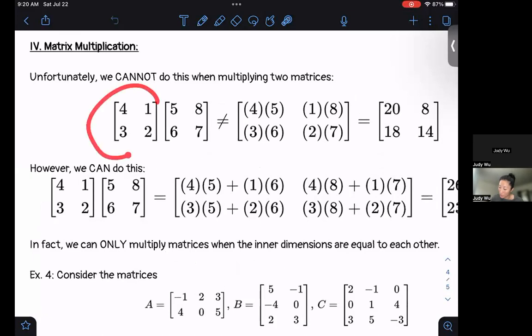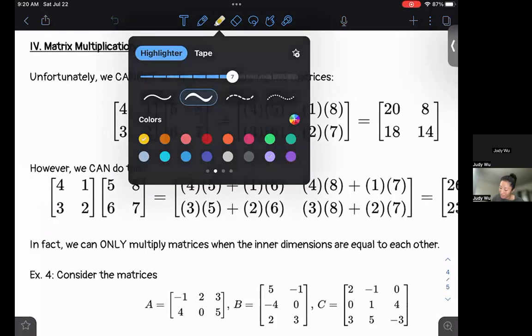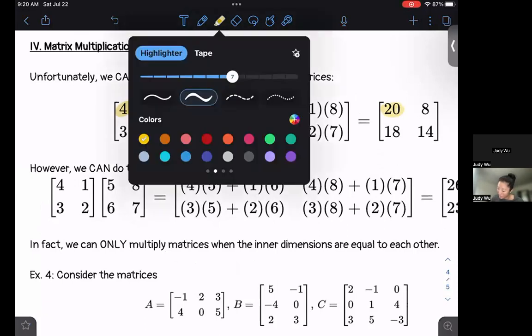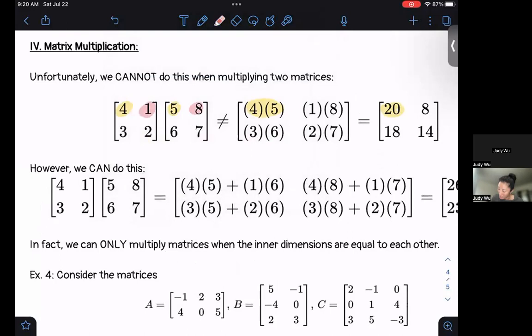Let's say we have a 2 by 2 and a 2 by 2. We cannot just say, oh, 4 times 5 will give us 20, and then 1 times 8 will give us 8, and 3 times 6 gives us 18, and 2 times 7 gives us 14.